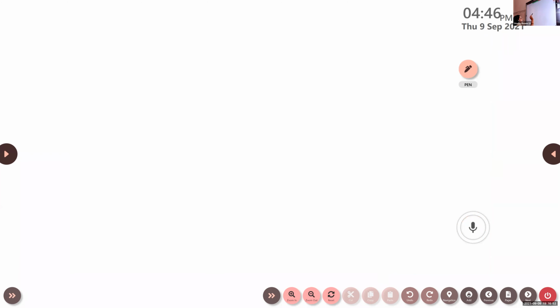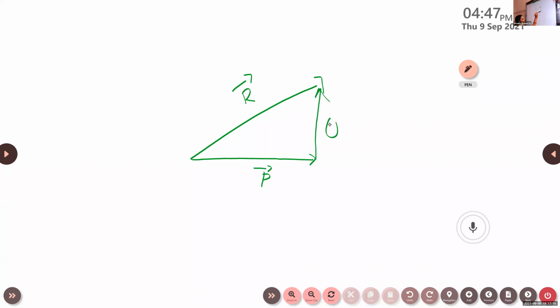Now again, here we consider a vector, the resultant vector R. Now I am going to split this resultant vector R into two, one is P and the other is Q. So here we have a single vector R which is inclined at an angle theta.